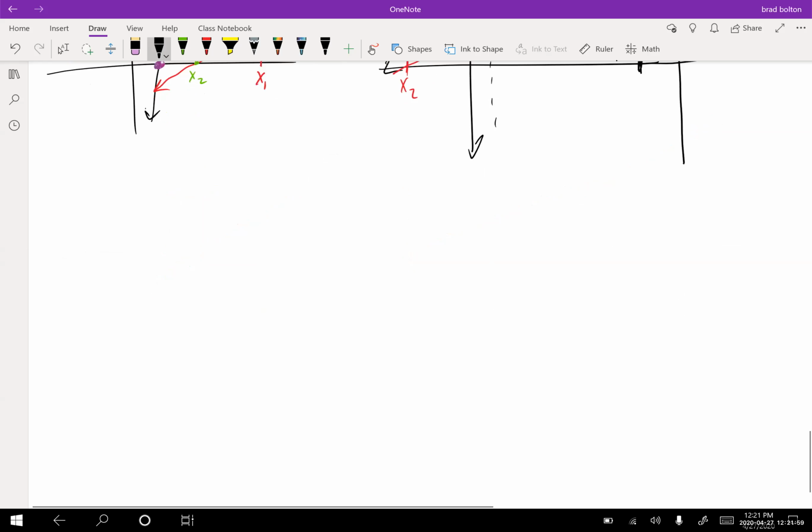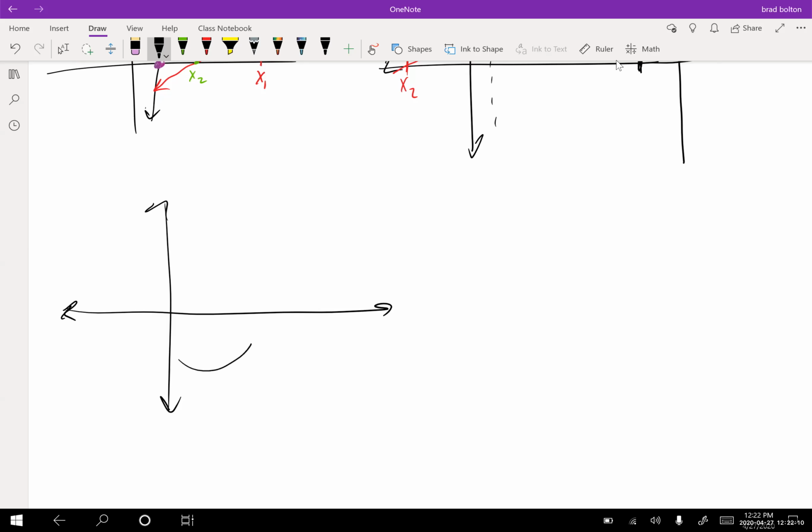Now there's another situation that's kind of the worst one, and this situation is this graph. It's really hard to draw it just right.